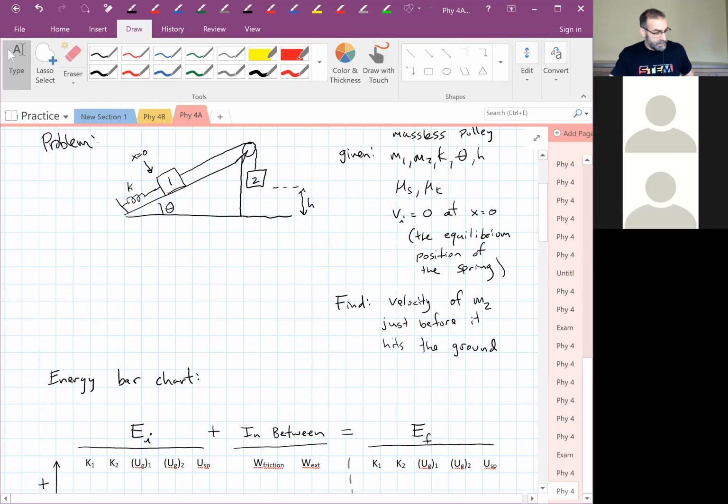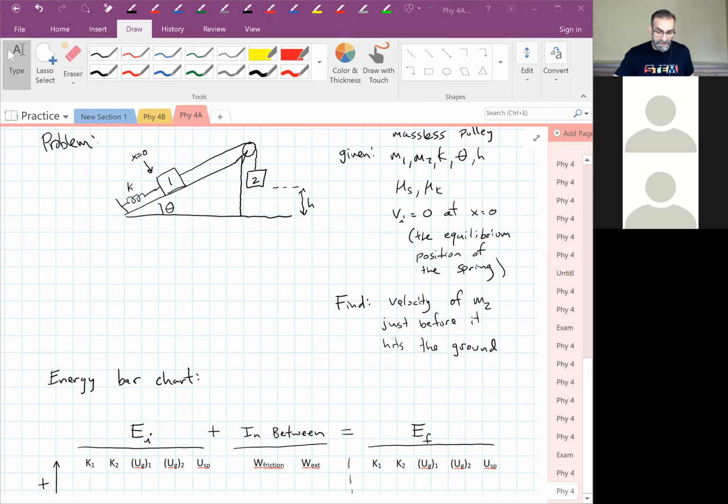So first, what do we have to do before we can fill out that energy bar chart? Yeah, that's not the first thing we need, though.